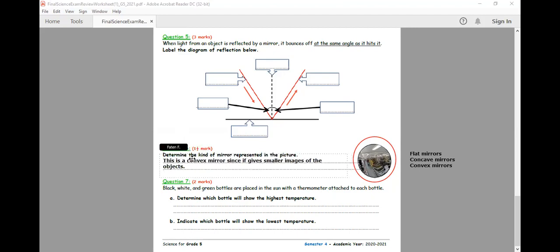When mirrors make things look smaller, we call them convex mirrors. When they make things look bigger, we call them concave mirrors.